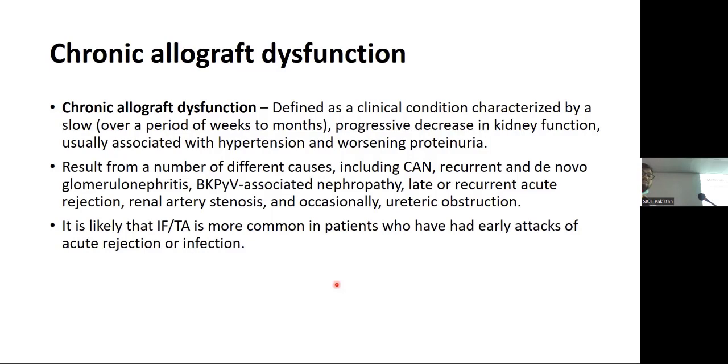It is likely in those patients who have early attacks of acute rejection and infection. So to prevent chronic dysfunction, we should prevent the acute rejection attacks.